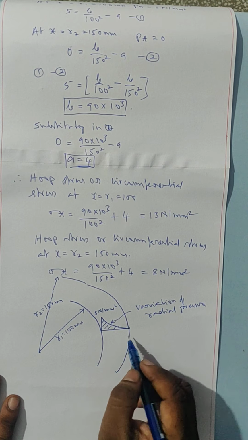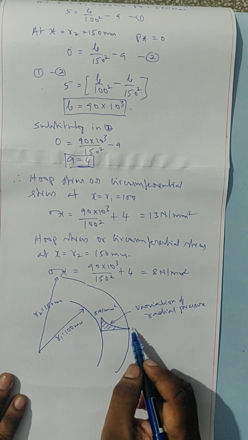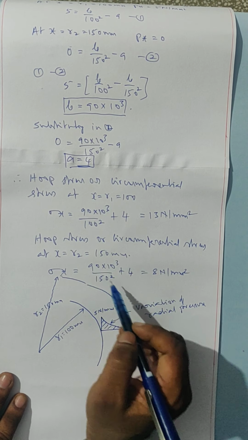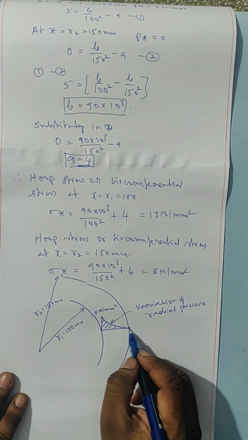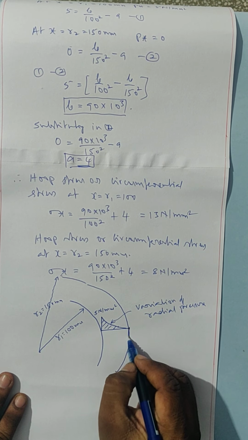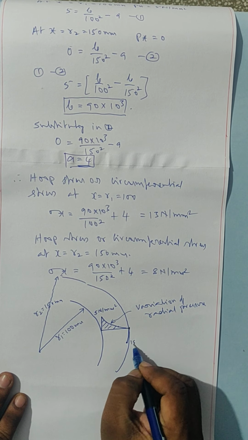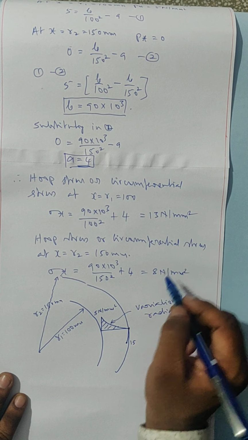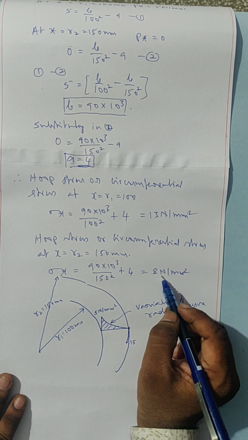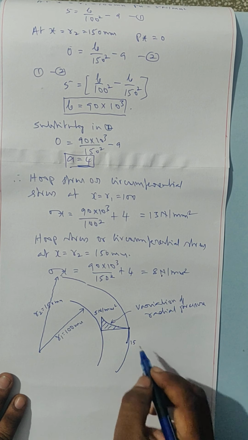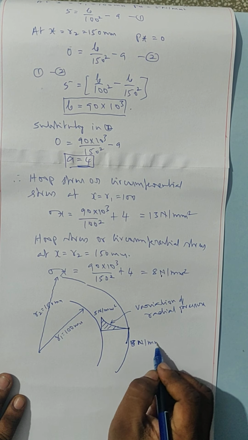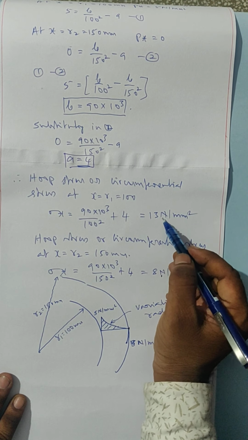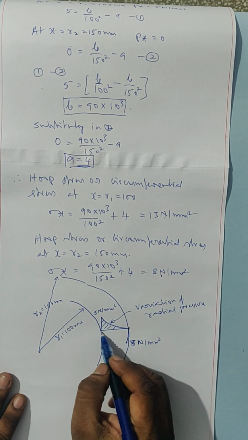Now below this, we calculated sigma x at 150, the outer side, as 8 Newton per millimeter square.